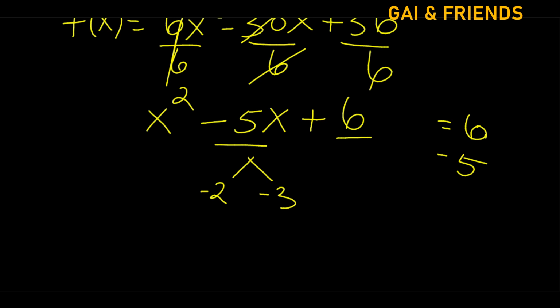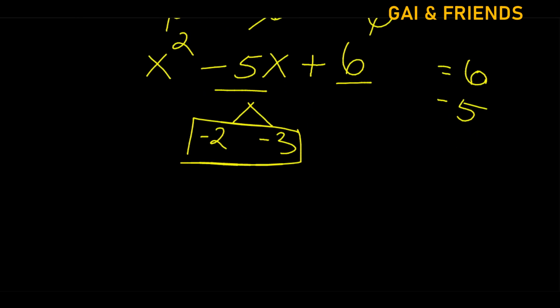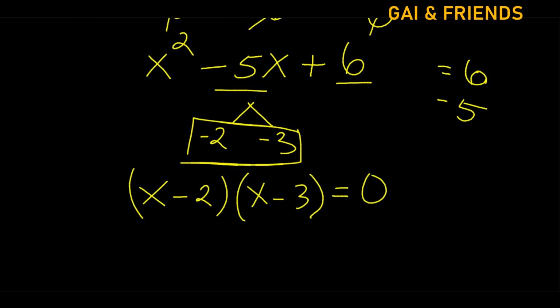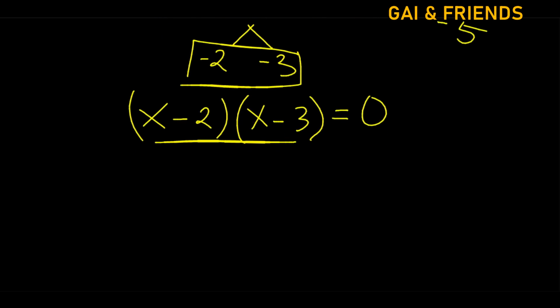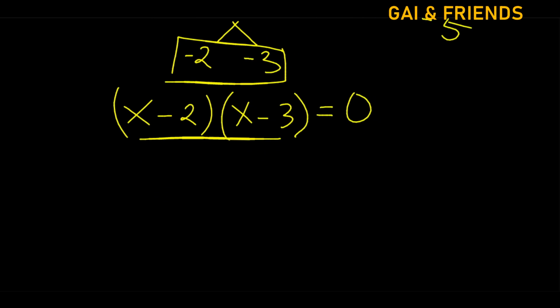So these are our factors. Then it's going to be x minus 2, x minus 3, and we equate it to 0. Finding factors is easy, and you might have come across it in high school. When you open the brackets, it takes you back to the original function. Now we can see that our x values will be 2 and 3.